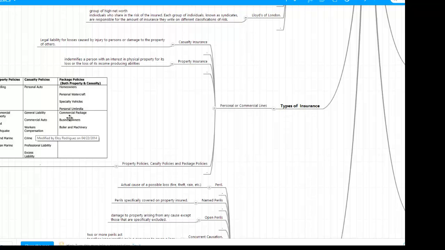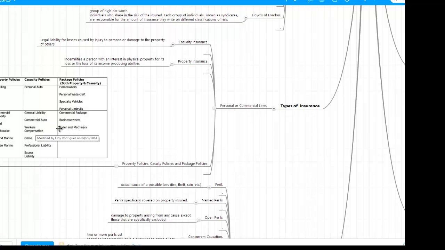In the commercial, you would have a commercial package, which will combine the commercial property with the general liability. And for the smaller business owner, you have the same sort of thing. It's basically also that and general liability.